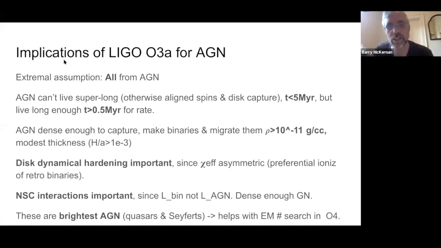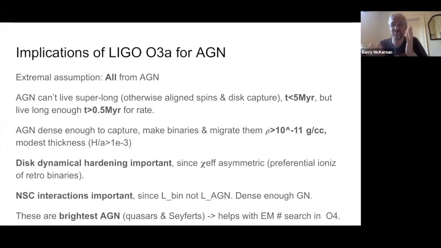It tells you that AGN can't live super long. Otherwise, all of those spins would tend to get aligned, and you get a large positive chi-effective distribution. And so the AGN lifetime has to be, on average, in these systems, less than 5 megayears. But you also need the AGN disk to live long enough that you merge these things efficiently, so probably greater than half a megayear.